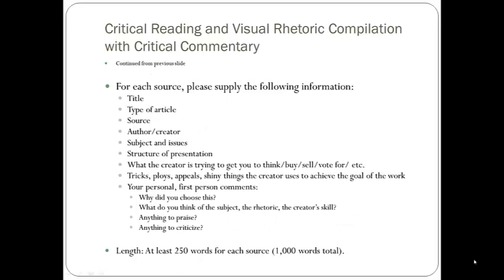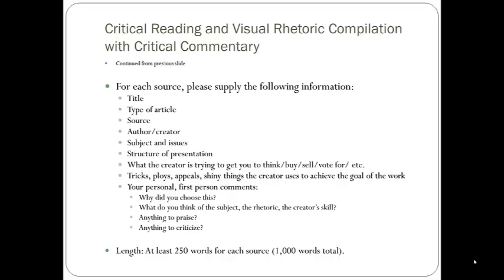For each source, please supply the following information. This is the information that has to go into each essay, which is essentially a paragraph or two based on each article.